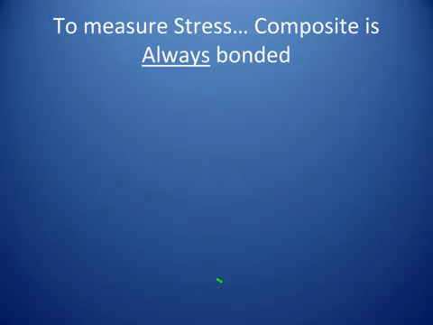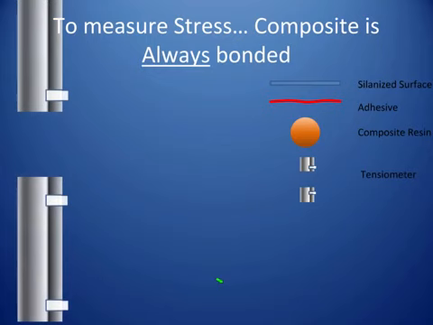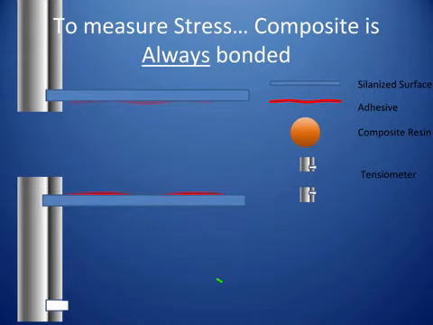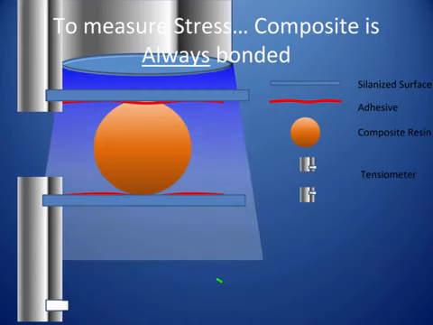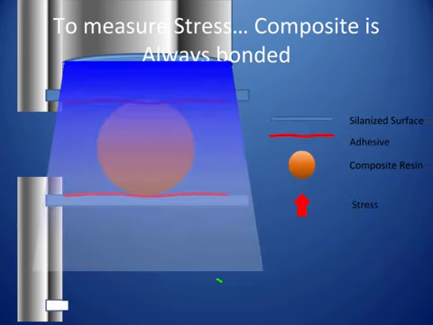In this system, we have a much more complicated measurement. There's machinery which has silanized glass slabs, which then have composite placed between them. The same idea, we're taking a pre-measured volume and applying a light source to it. As that light source is applied, the cured composite will begin to constrict.